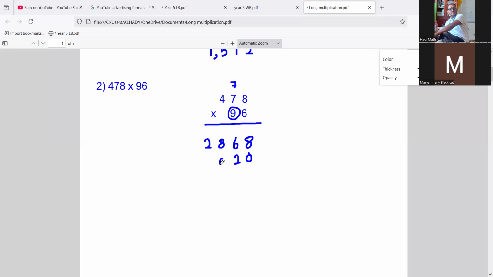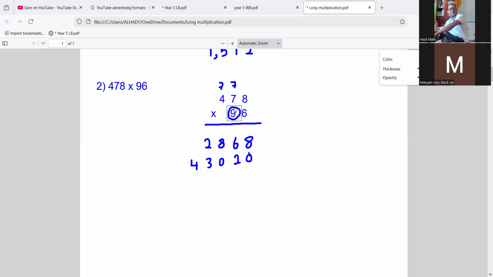Now you put the 0 down and you carry over the other 7 over here. Now 9 multiplied by 4 is 36. 36 plus 7 equals 43. You write the 43, all of it, down because there is no other number.